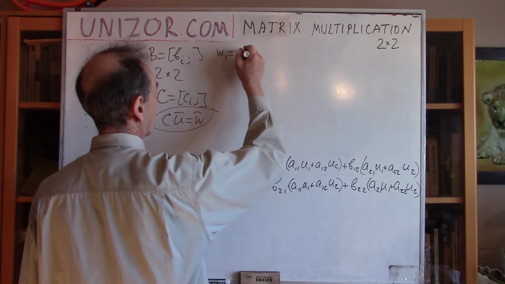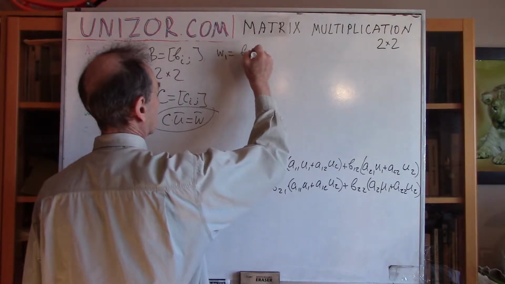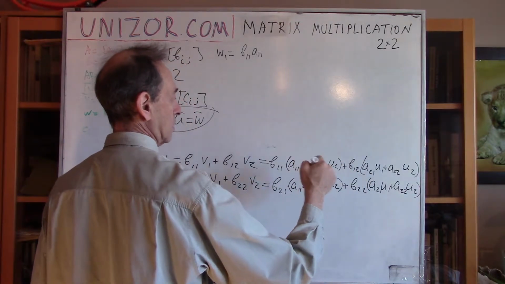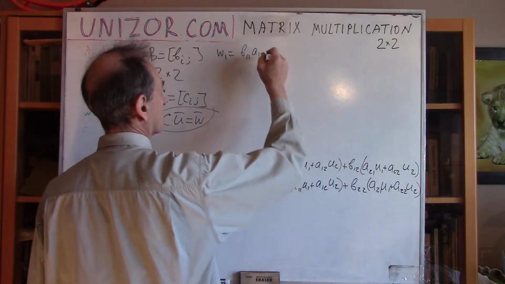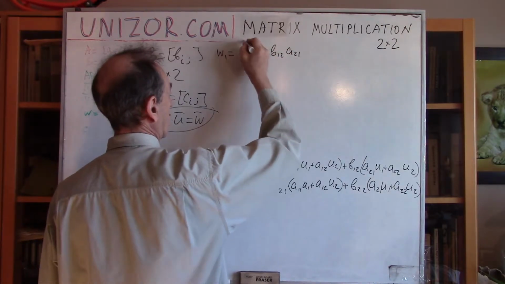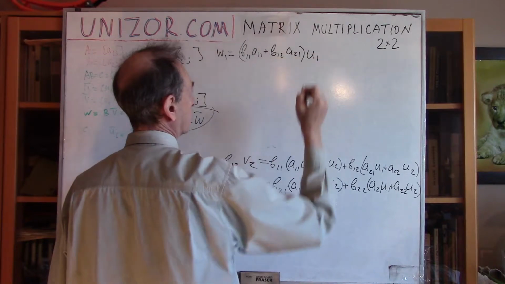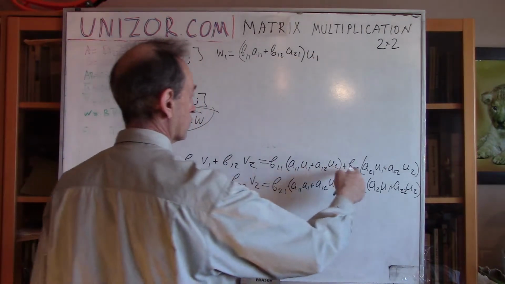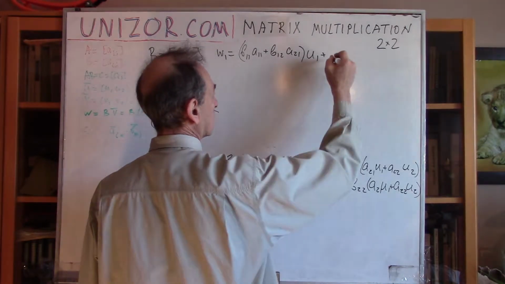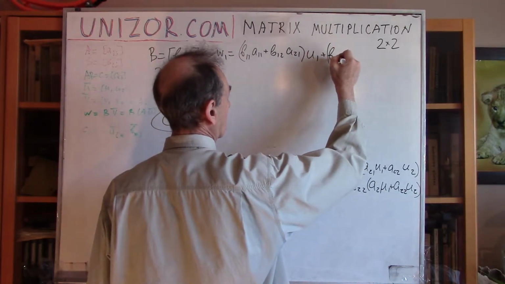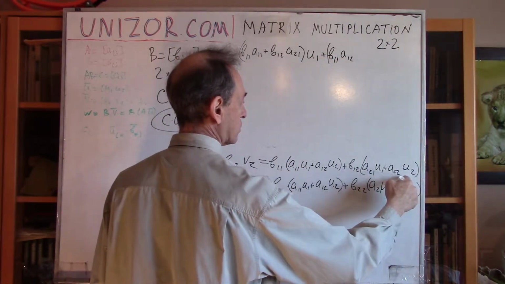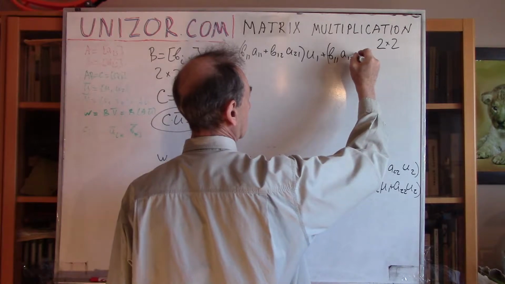B11 A11 plus B12 A21, times U1, and U2 would be B11 A12 plus B12 A22.